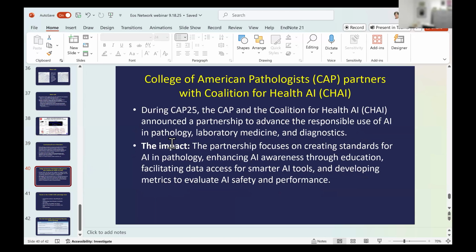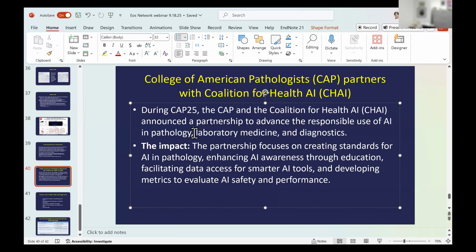And I just returned from the annual meeting of the College of American Pathologists, where it was announced that the CAP has formed a partnership with the Coalition for Health AI. It's an organization I'm not very familiar with, but it also has a partnership with the Joint Commission, which is an organization that inspects all the hospitals in the United States.